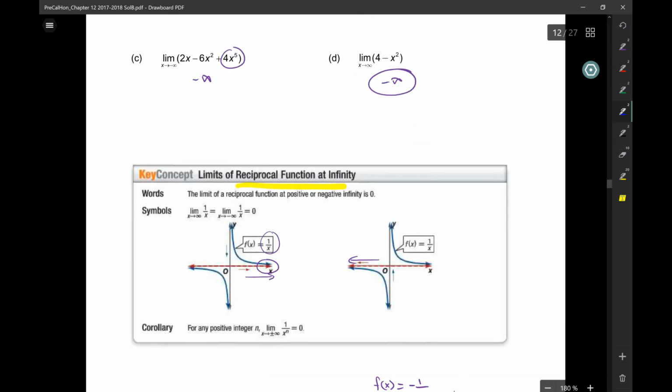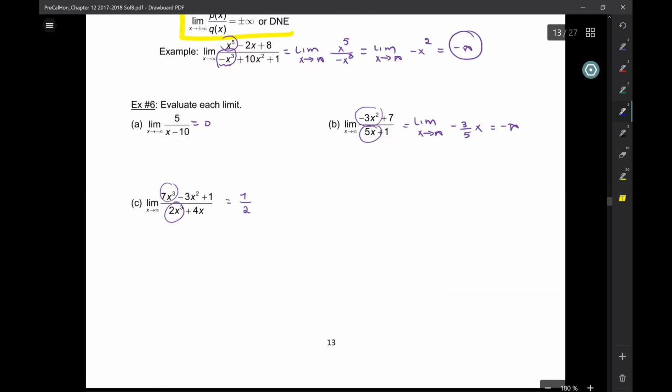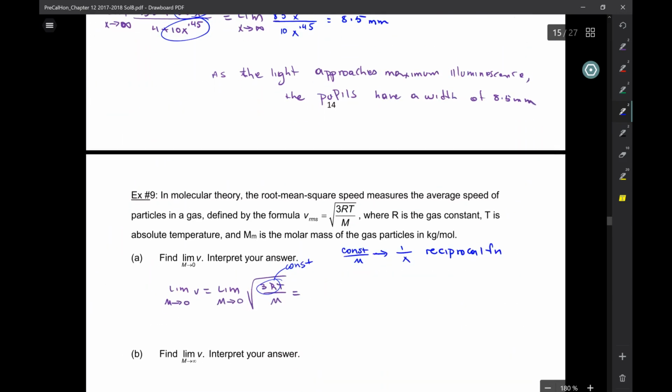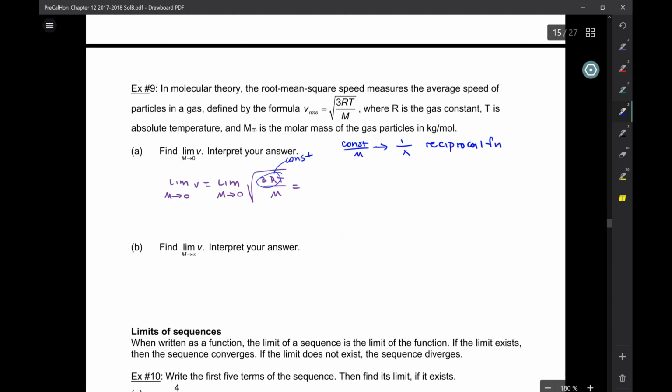As x approaches 0, it approaches infinity. We're talking about velocity, so we're going to keep it positive because we're approaching it from the positive side. The mass is approaching 0 from the positive side, so it's going to go to positive infinity. The square root of infinity is, guess what? Still infinity. Here it is. So basically this is just going to be infinity.